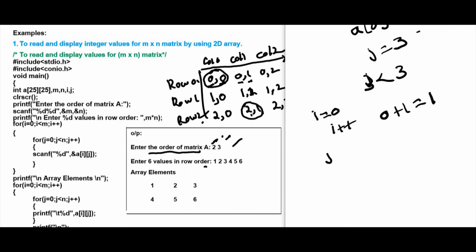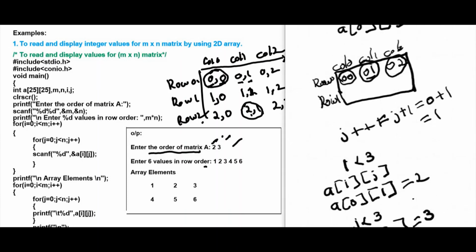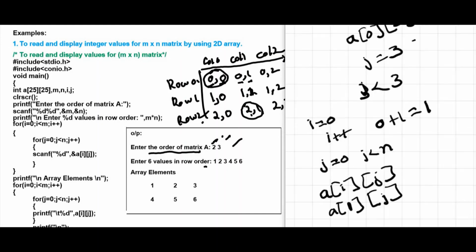So the inner for loop again starts with j is equal to 0, j less than n. Right. So for us here a of i j, now the value of i has started with 1, whereas the value of j goes on changing. So it is now referring to row number 1, but the value of the column goes on changing. Right.